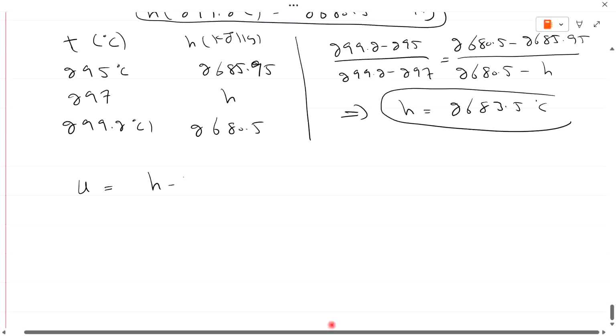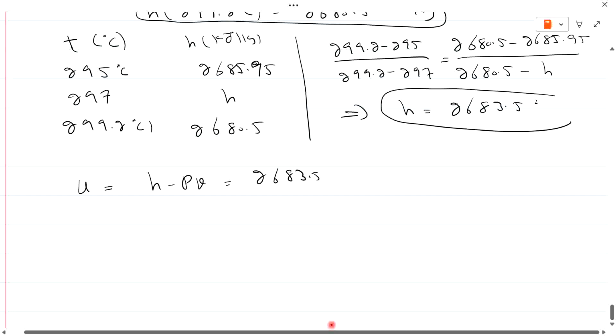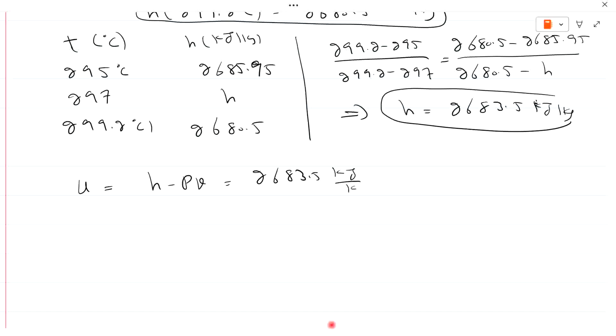Now to find specific internal energy, U is equal to H minus PV. The value of H is 2683.5. The unit of H is kilojoule per kg, minus the value of pressure, 82.38 bar, and 1 bar is equal to 10 power 5 Newton per square meter.